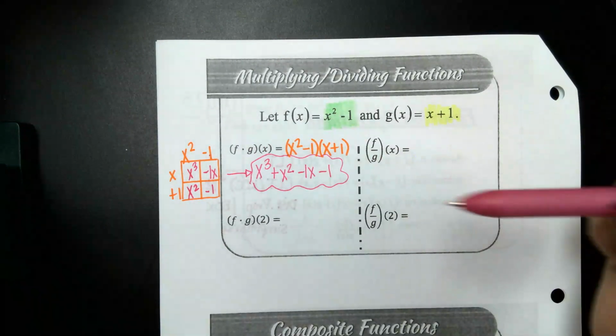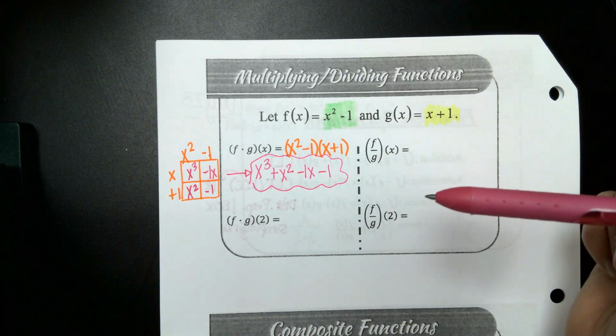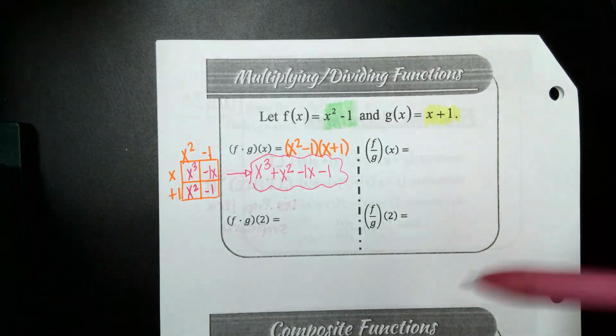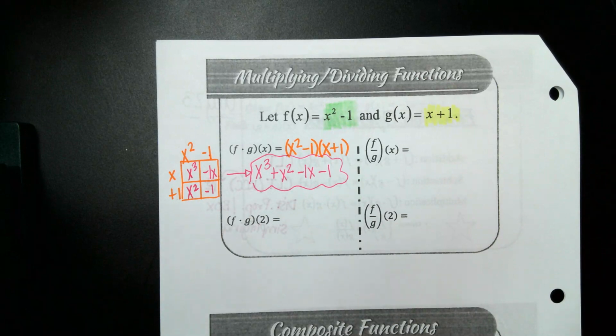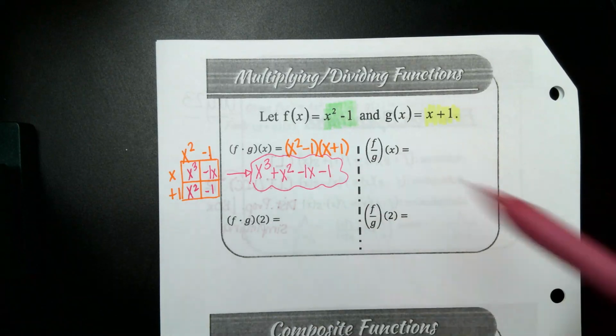I just prefer descending order. Most of the time, if you ever saw it in a textbook or on notes, they're always going to put it in descending order, meaning start with the highest exponent and work your way down. Okay, are we good there?